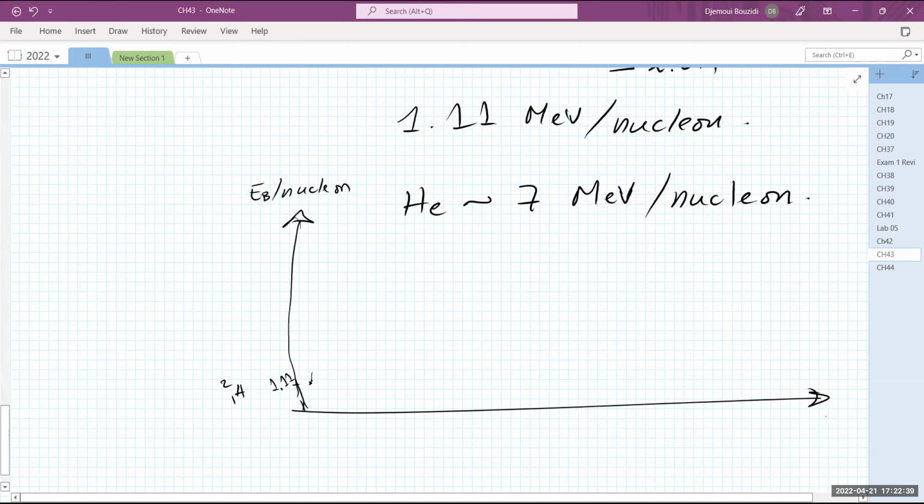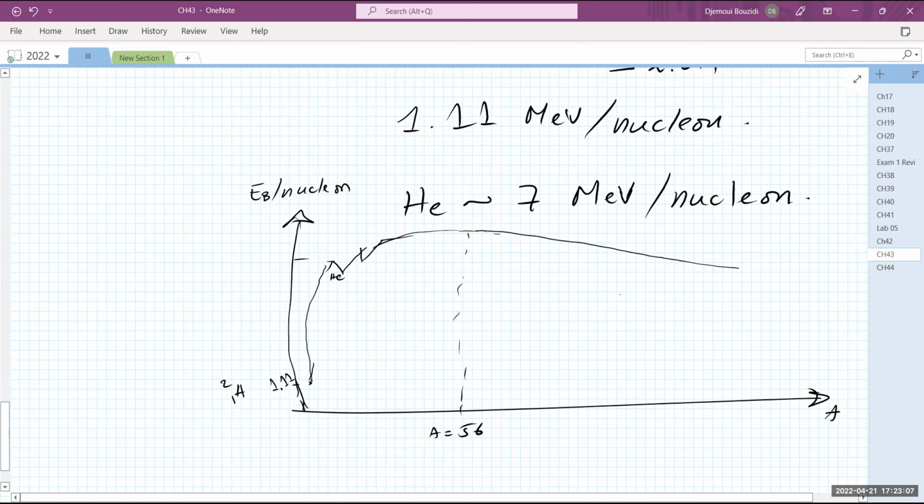And this is the atomic mass A. As you increase A, the graph goes drastically up to about 7 for the case of helium, then drops a little, goes up a little, drops a little, then stabilizes and reaches a maximum around A equals 56, which is iron, and then drops again.